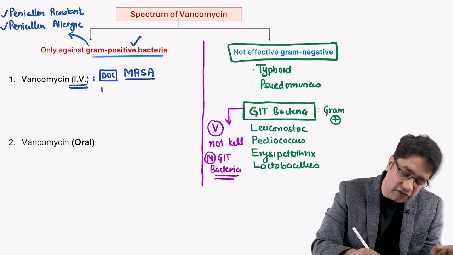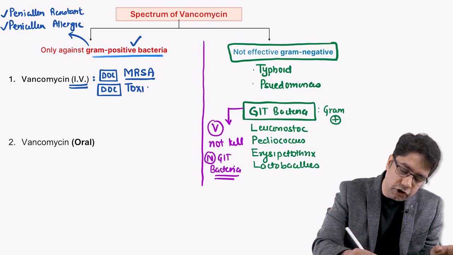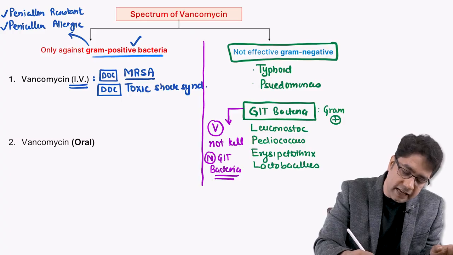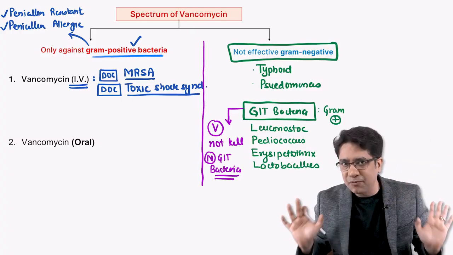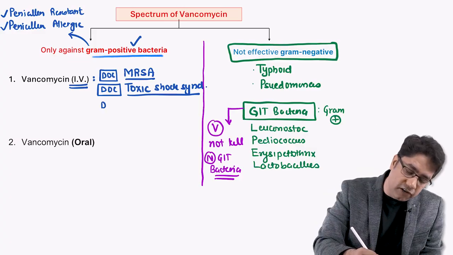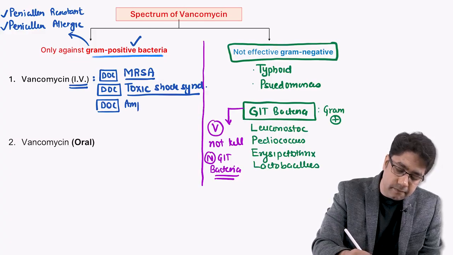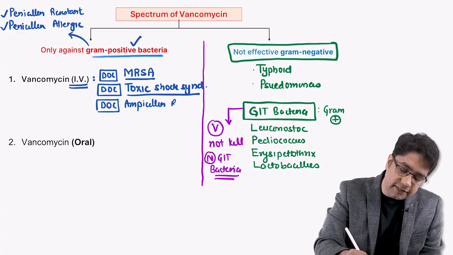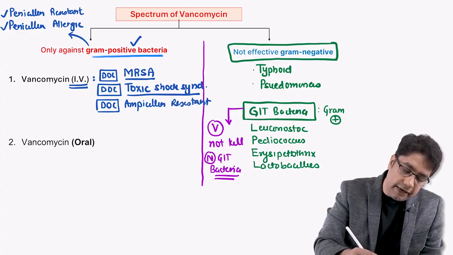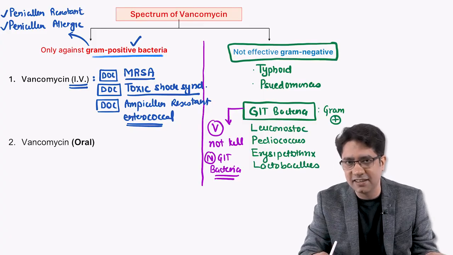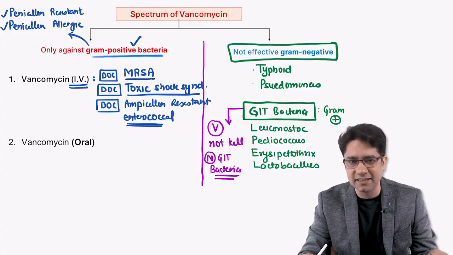It is also the drug of choice for toxic shock syndrome, because toxic shock syndrome is again because of Staphylococcus and Streptococcus. It is also the drug of choice for ampicillin resistant enterococci. So in enterococcal infection, again we give vancomycin, which is resistant to penicillins like ampicillin.